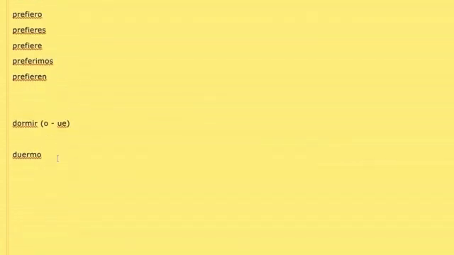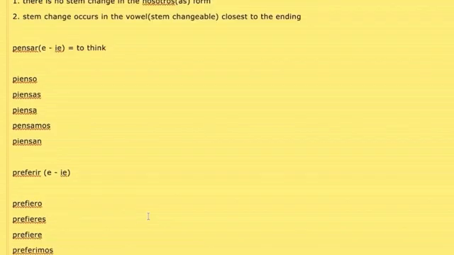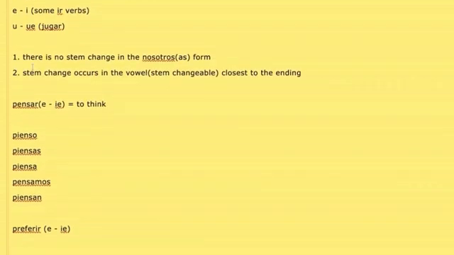Then if we look at an example of an E to I, like the word pedir, to ask for, to order, to request. It's an E to I. Now what we're going to do, first go from pedo, and then E to I, so pido. And for all of these different types, it's going to be the exact same rules.